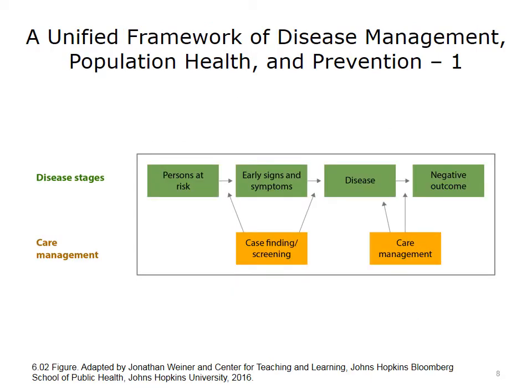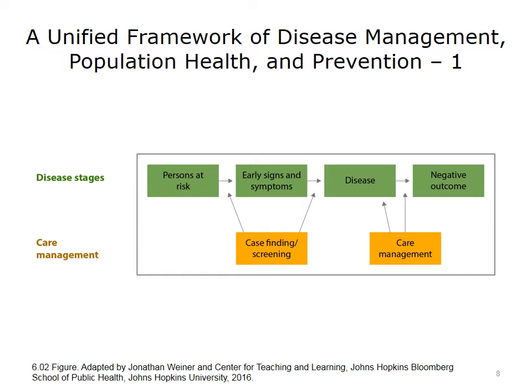This graphic is a unified framework for healthcare, prevention, and disease management. This framework has three dimensions: the stages of disease, the levels of population health intervention, and the continuum of prevention. Understanding risk is essential at all stages of this framework. Look at the green boxes at the core of the framework.